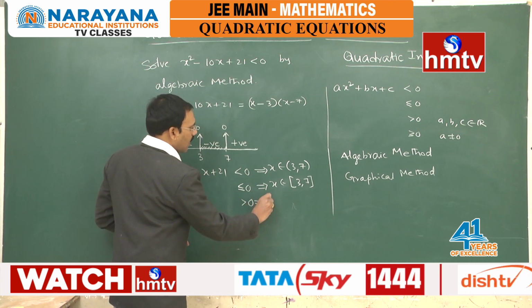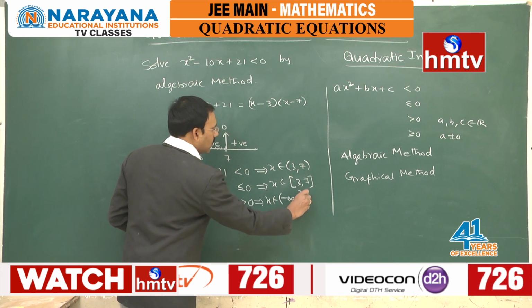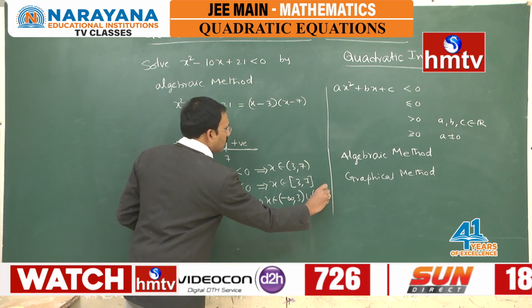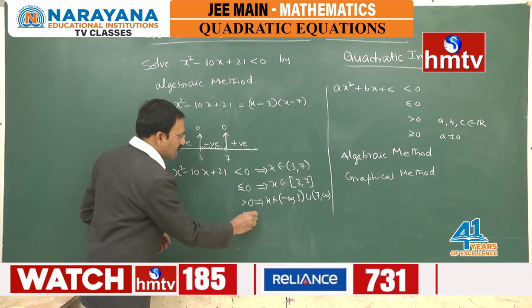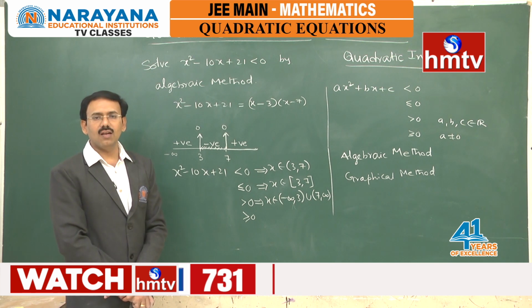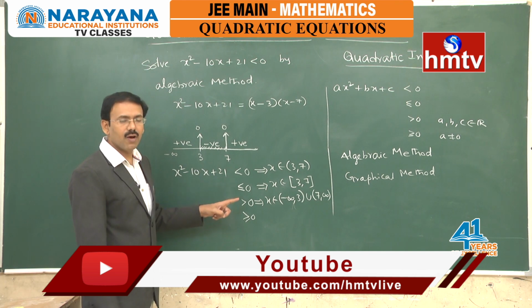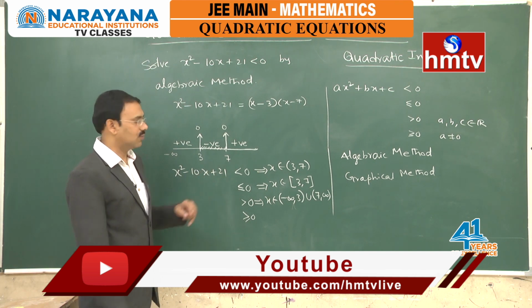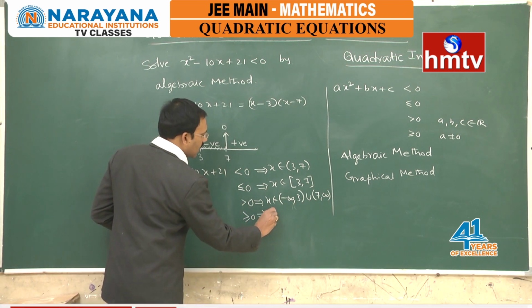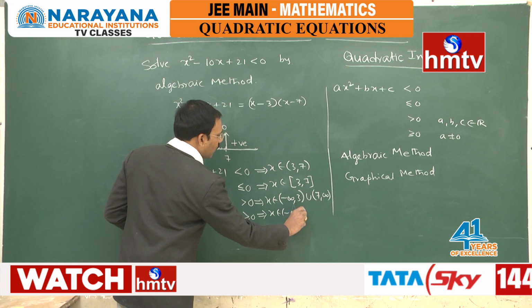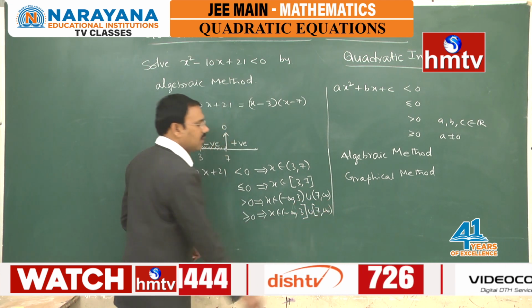In this case, x belongs to (−∞, 3) ∪ (7, ∞). If at all we are asked to write this expression to be greater than or equal to 0, I have to take where this expression is positive or even 0. That means I need to include these two numbers. In that case, x belongs to (−∞, 3] ∪ [7, ∞).